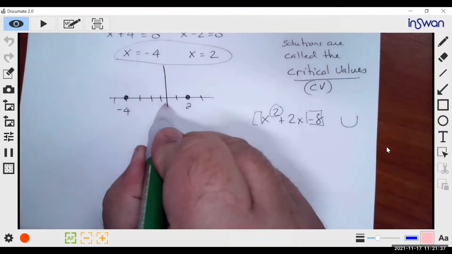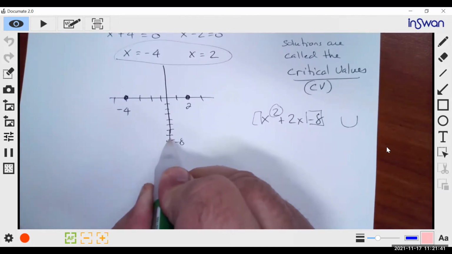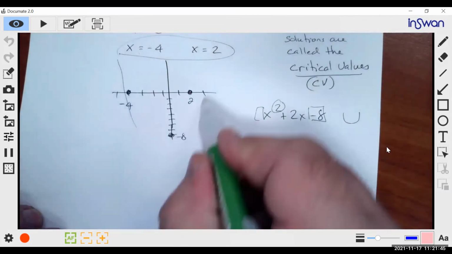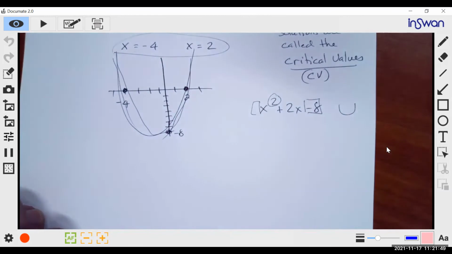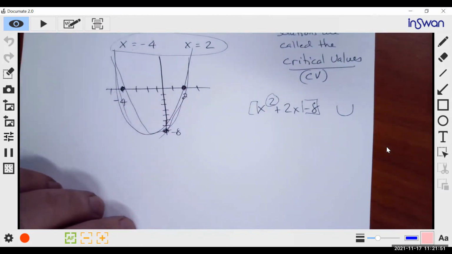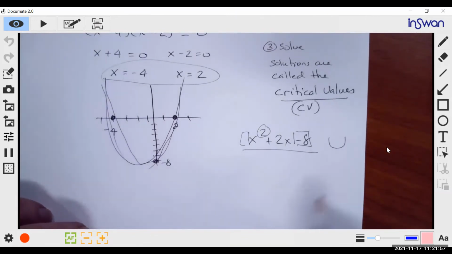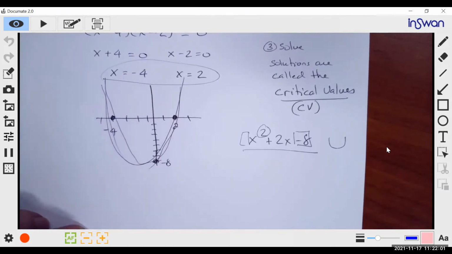We have a y-intercept at -8. So we know the graph will look something like this. We knew that.